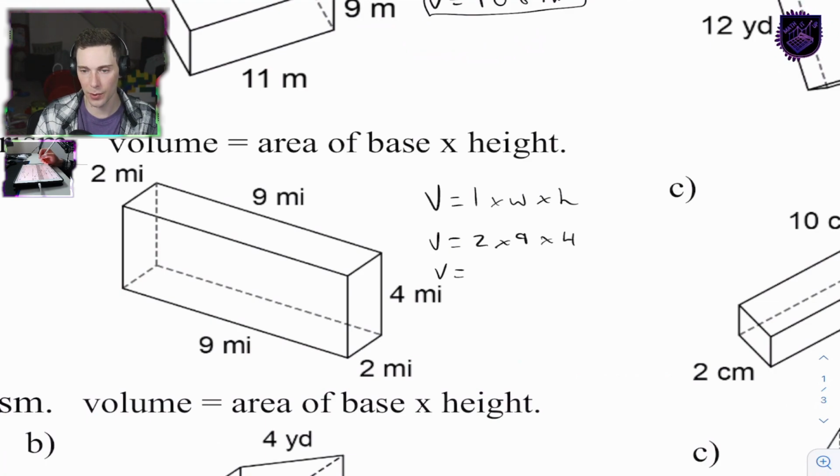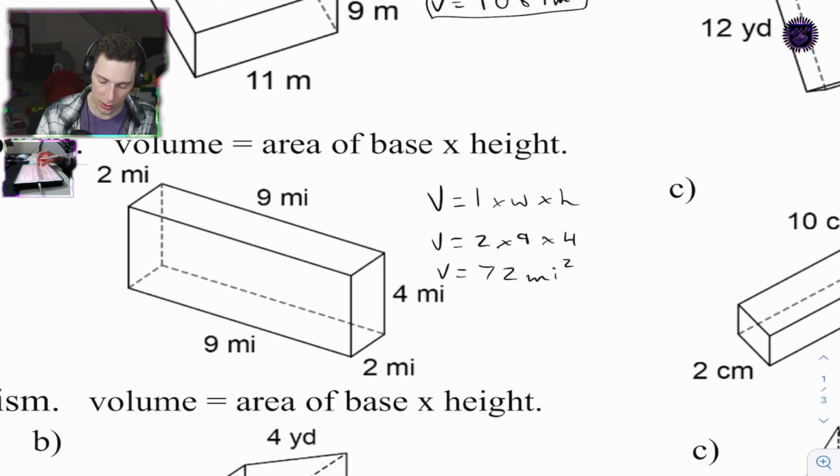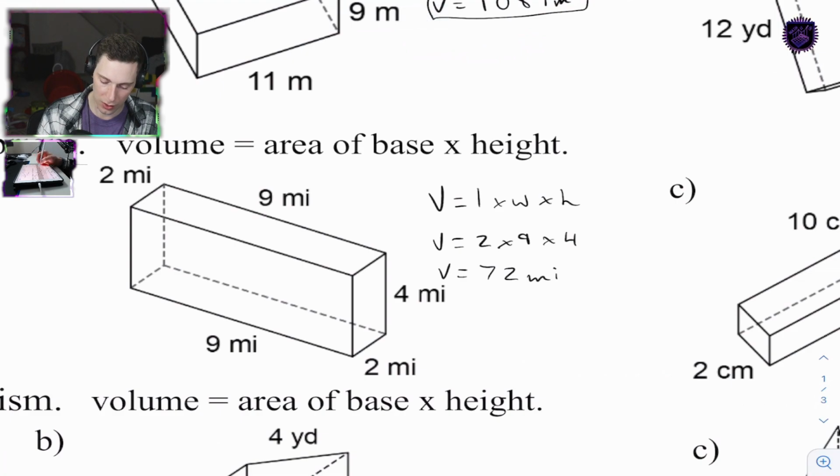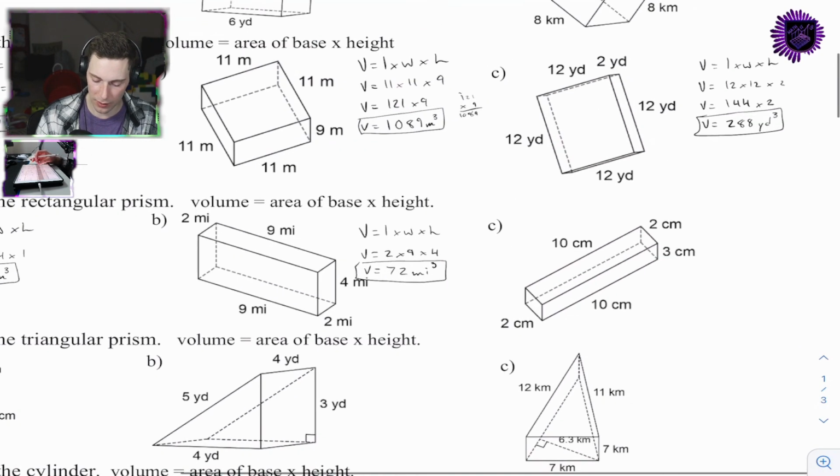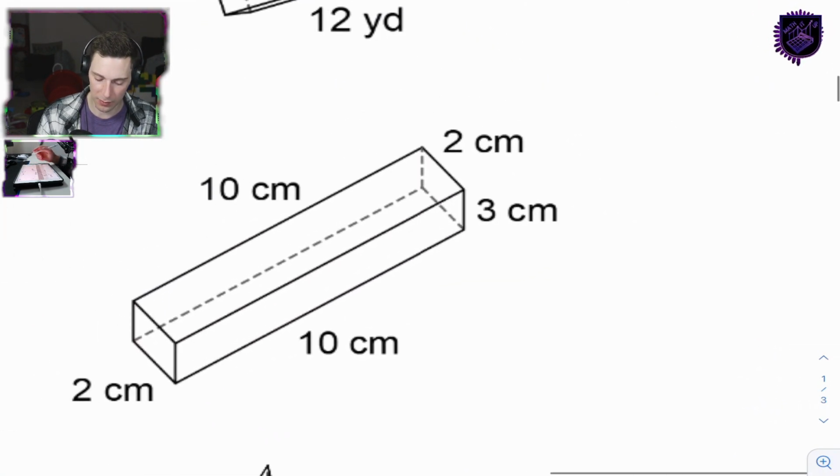Like 20 times 4, subtract 4 times 2, which is 8, 72. That's how I got there. I don't know if that's how you would get there. Not squared, cubed. 72 miles cubed.